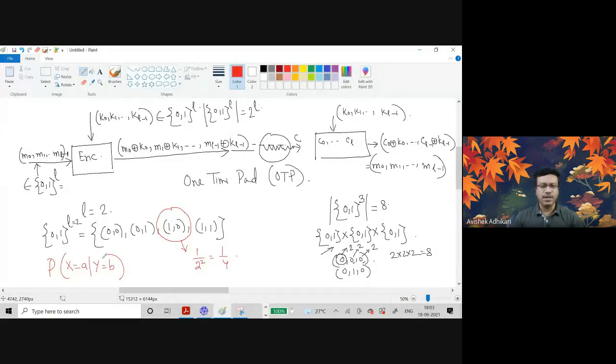What does it mean? Y equal to b is given. That means you already have some information at hand. Based on that information, you are trying to find some information about x equal to a. So that is the meaning of conditional probability. So this information is already at your hand, right?